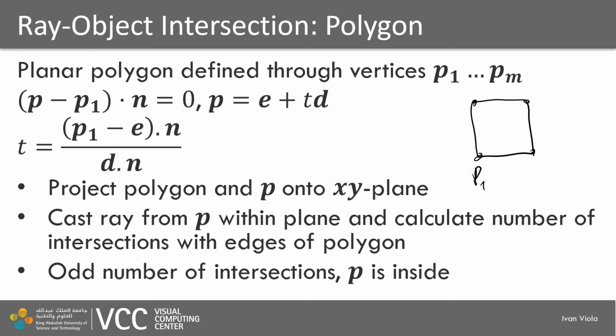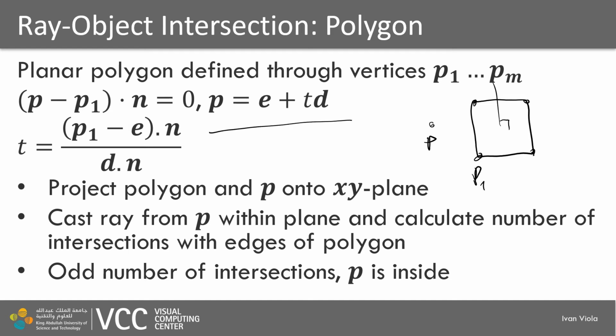If our point P is forming a vector with P1 which is orthogonal to the normal vector of our plane, then this point P will be in the plane. We have discussed it in the math lecture. This is the implicit representation of a plane. And then we have the parametric representation of our ray here.